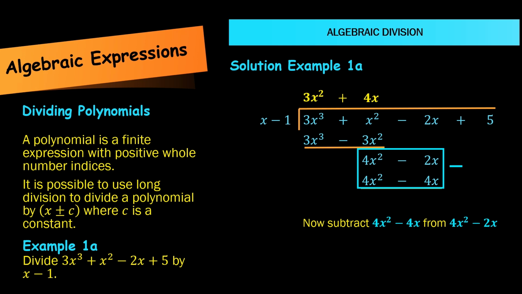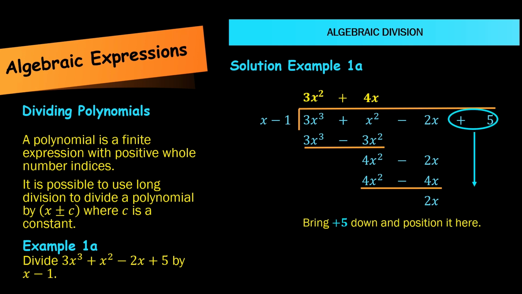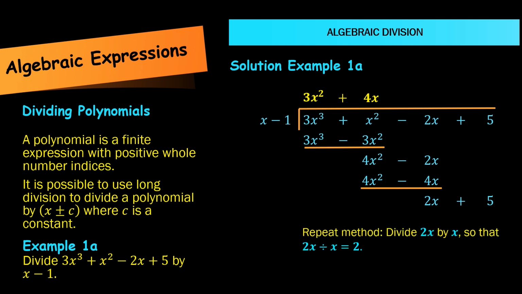Subtract to give 2x and bring the 5 down and position it here. Now repeat the method.